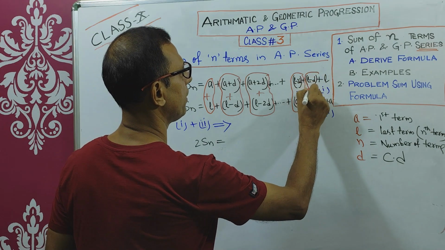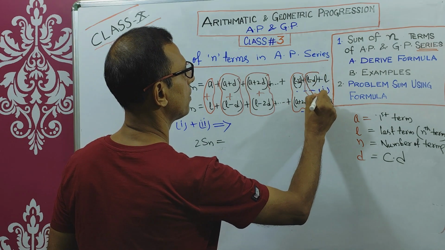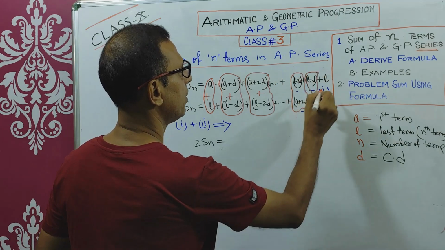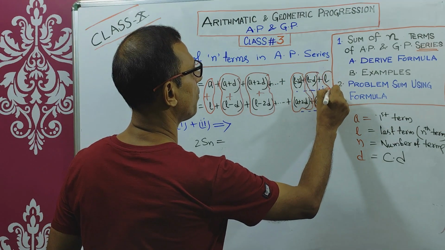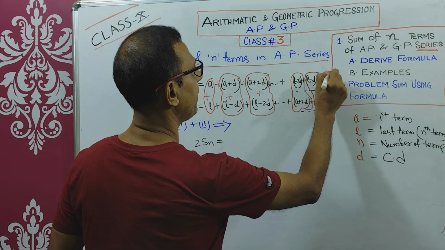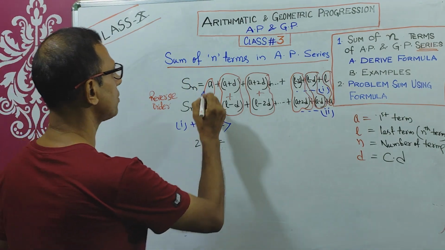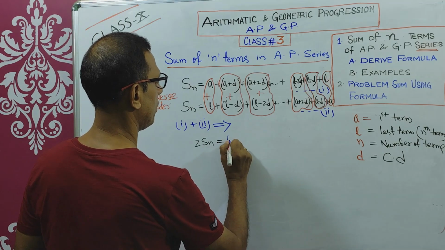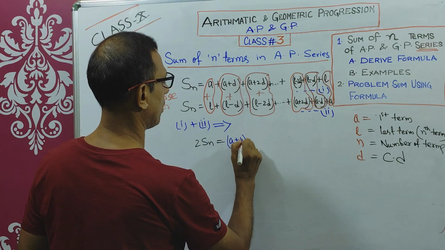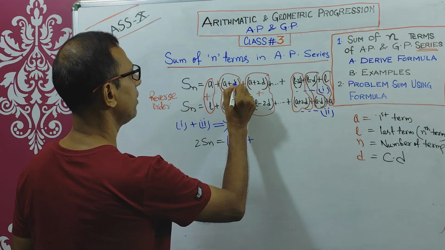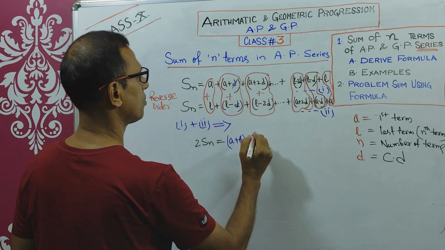Here also you are doing. So I am taking the pair of numbers you are adding in two equations. So what are those? a plus L, first one. Second one, d cancels, so a plus L.